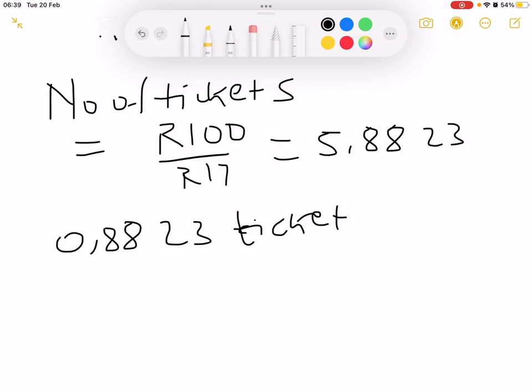It won't be possible. So therefore your money will not be enough to buy 6 tickets. So therefore we round down in this case. Round down to what? You can only afford 5 tickets, and you'll be left with a change for maybe snacks.